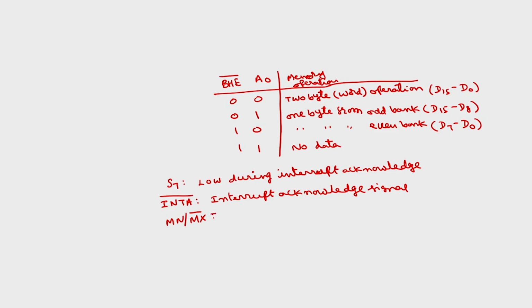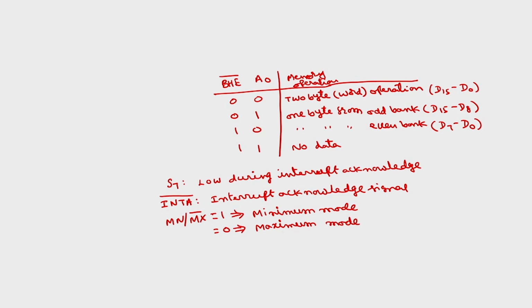So if this is equal to 1, it implies minimum mode, single user. To operate the 8086 in minimum mode, you have to set this pin to 1. If you set this pin to 0, the microprocessor operates in maximum mode, which is multiprocessor mode.